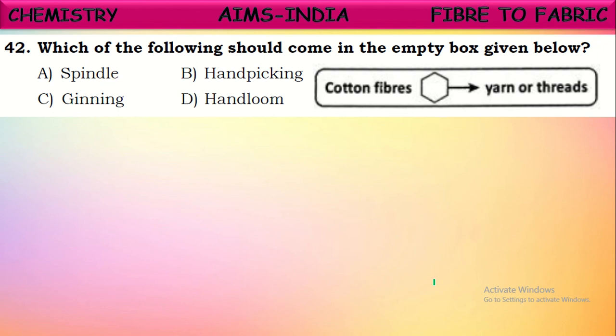Cotton fibers are converted into yarn after ginning process. First cotton fiber is collected from the cotton buds where it contains certain seeds present in it. So those seeds are to be separated from the cotton fiber first. So that process of separation of seeds from the cotton fiber is called ginning.